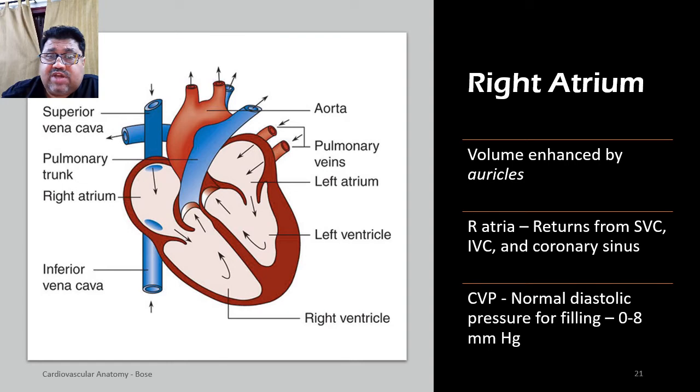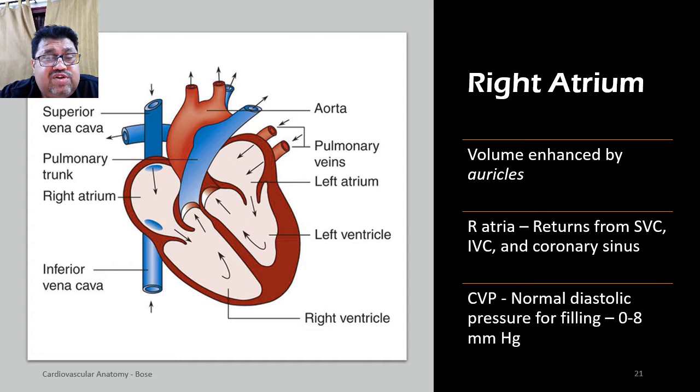The normal diastolic pressure to enable filling in the right atrium ranges from 0 to 8 millimeters of mercury. So to fill blood into the right atrium, we need blood pressures of 0 to 8 millimeters of mercury. Clinically, this is a very important hemodynamic parameter.